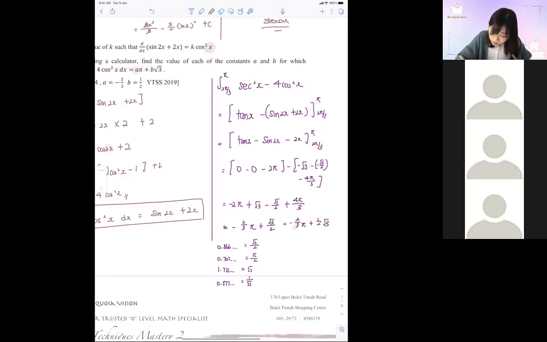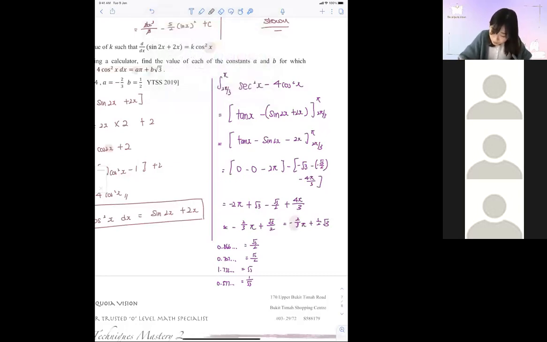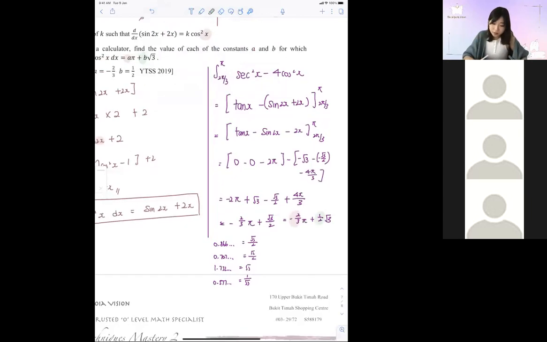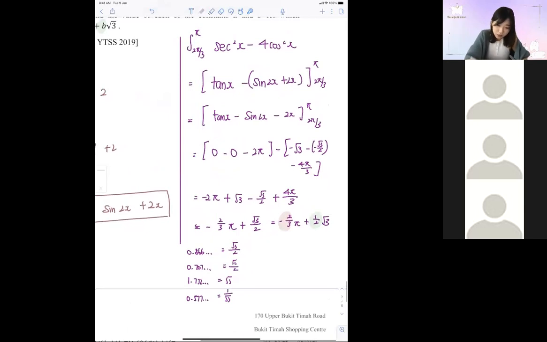My A term is minus 2 over 3 and my B term is half. You can write this in your A Math booklet, just help me familiarize. There's only 4 numbers to remember, and you see them very often.